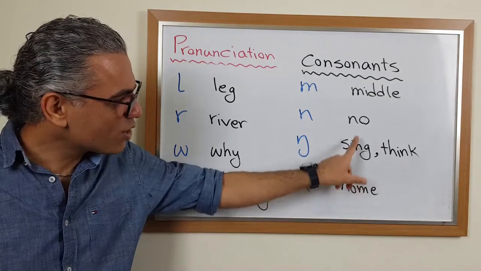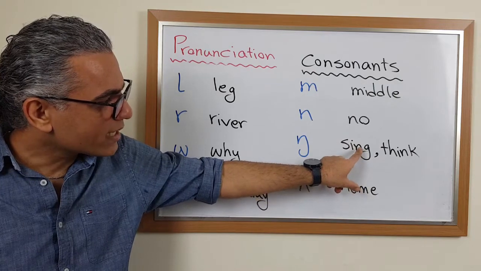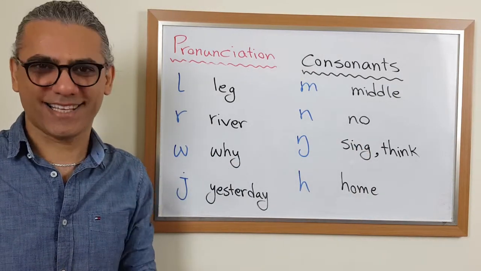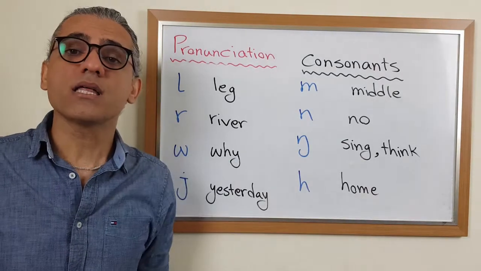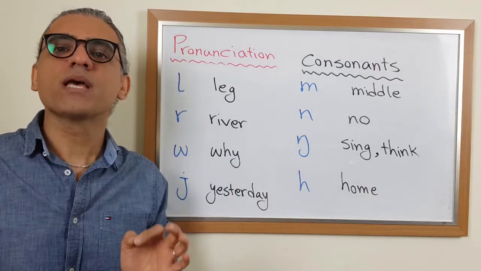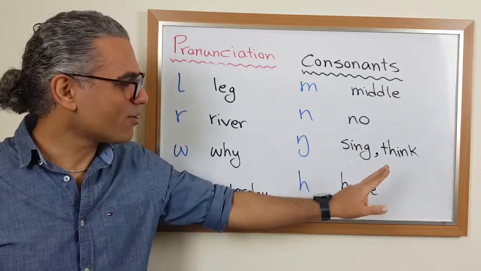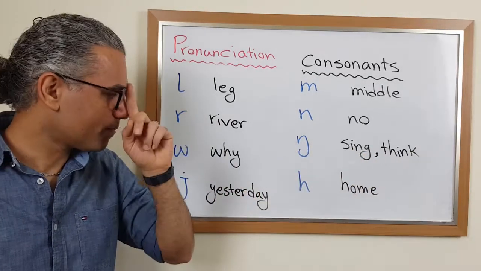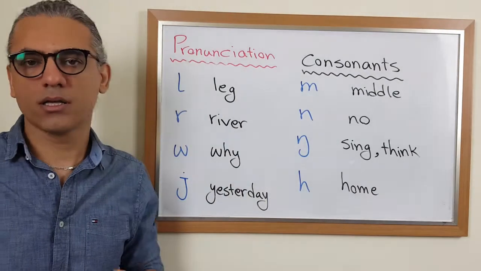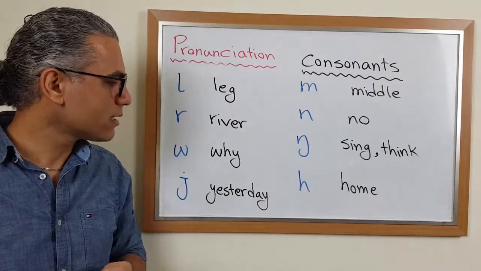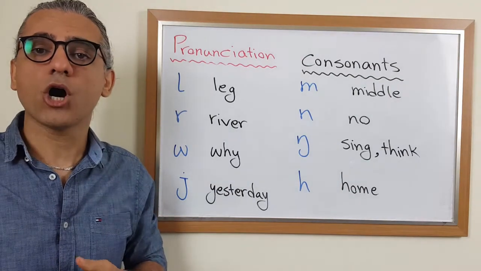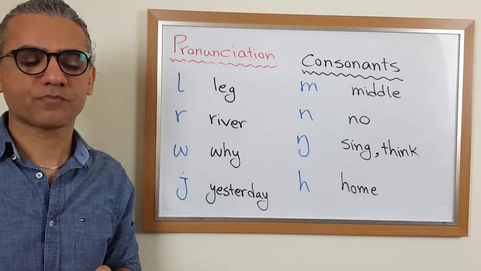This is the sound which you can hear between this one and this one. Sing. Or this one. We don't say think. We say think. So in here you can hear this sound. And this one is pretty simple. A short consonant, and it is pronounced like home, like how.